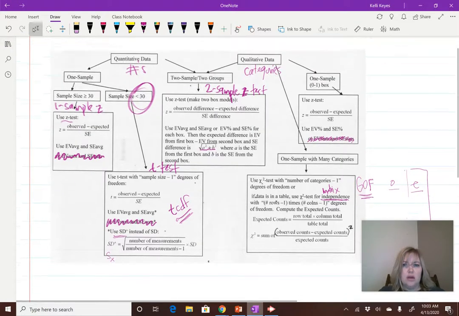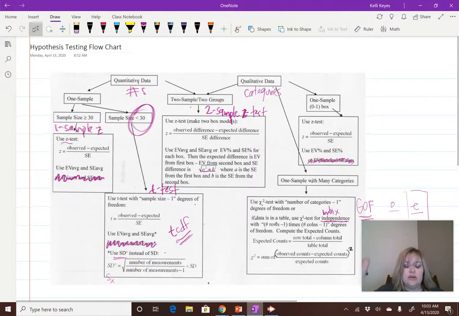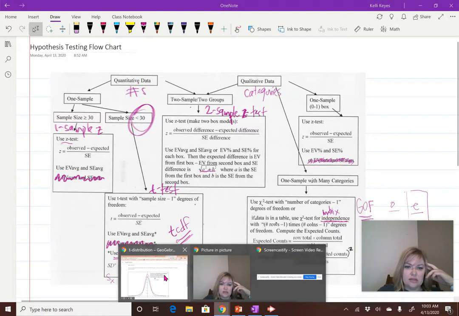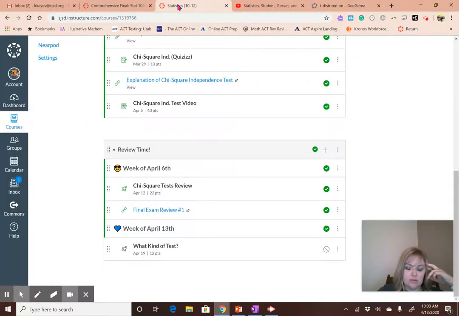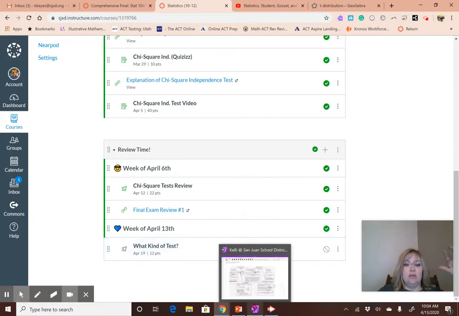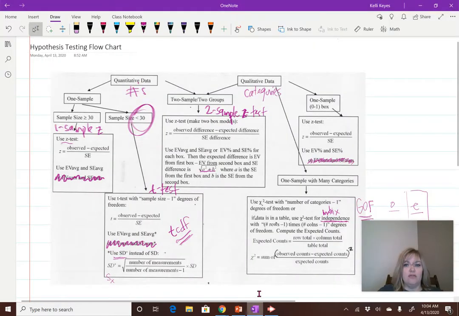So what I'd like you to do by Wednesday is this: I'll show you what kind of test. You'll have a question, you'll read the problem, and then by looking at your flow chart, you'll figure out, okay, what kind of test is this?